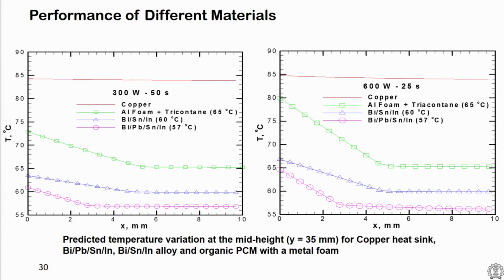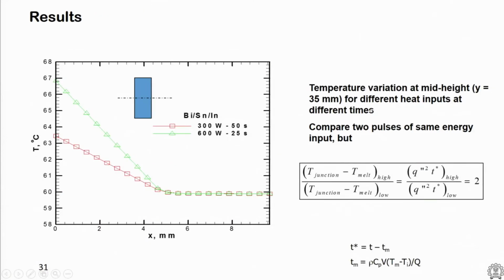You can do a similar analysis for the 600 watt, 25 second pulse, and what really happens is that if I look at the bismuth tin indium alloy for the two different pulses that we consider, the amount of melted material is roughly the same, but the junction temperatures are quite different because of the fluxes.